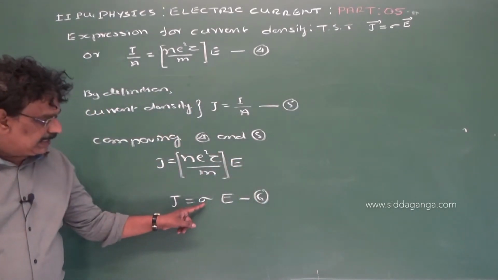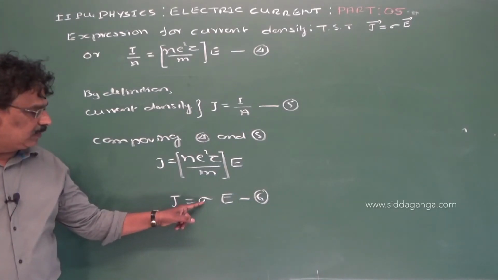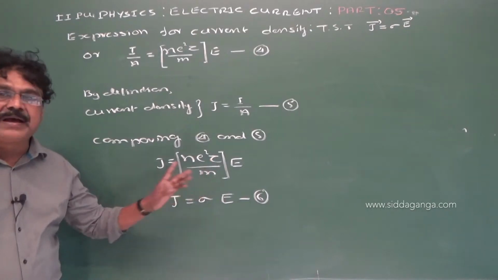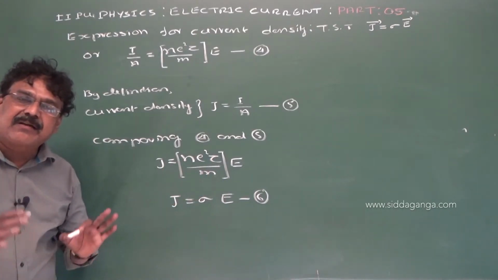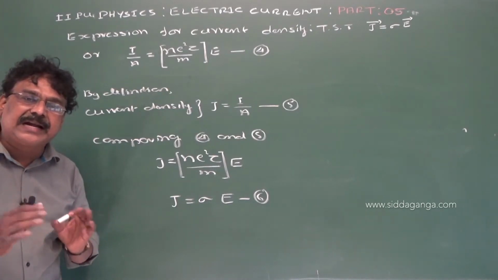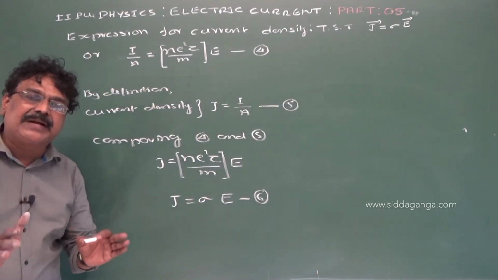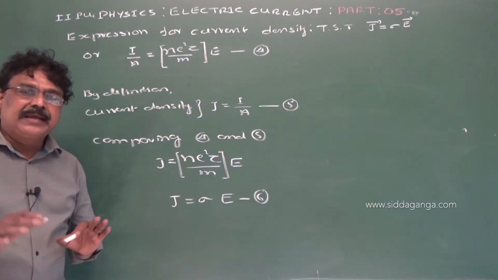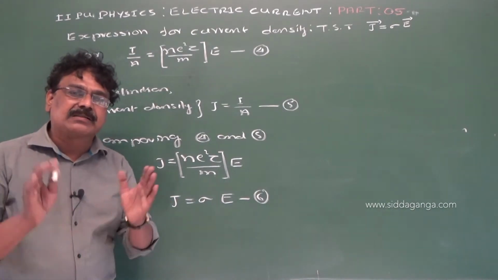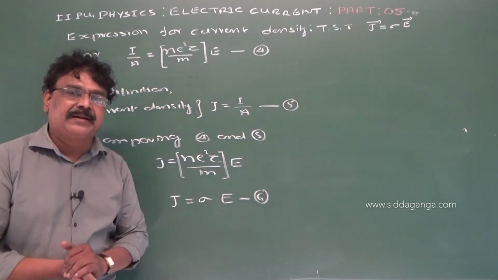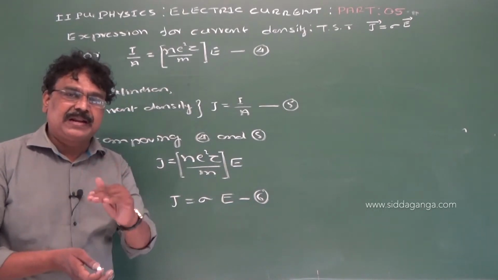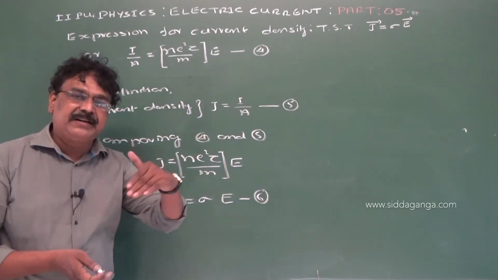Here sigma is equal to n e square tau by m, a constant called the electrical conductivity of the material of the conductor. It is constant for a given material at constant temperature. Its value changes with temperature and its value is different for different materials.